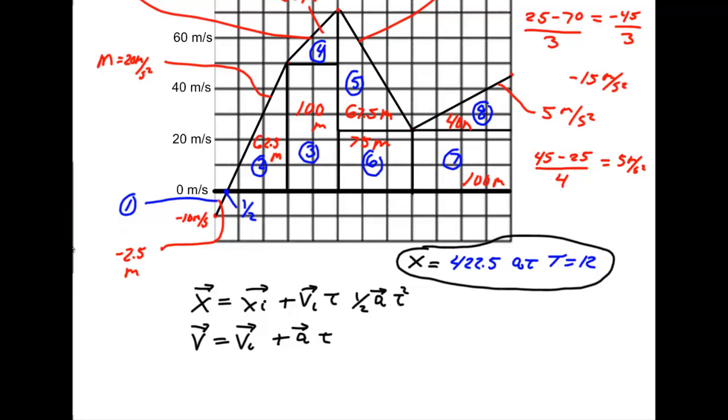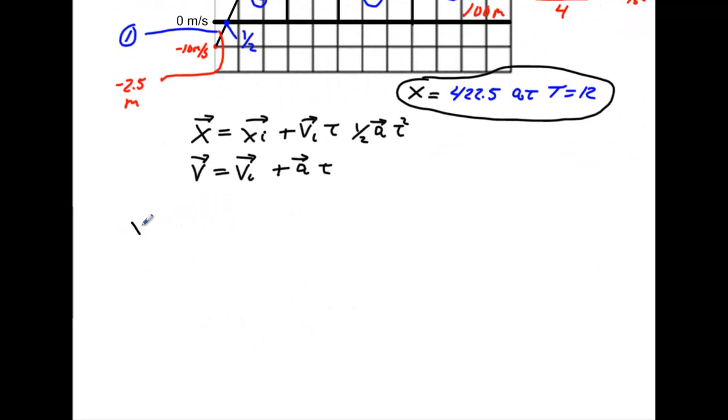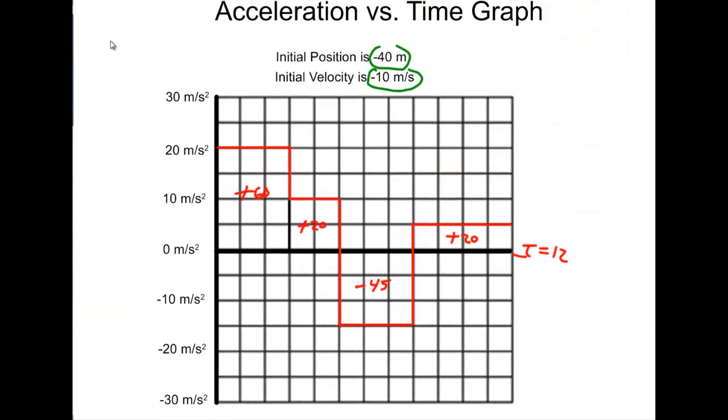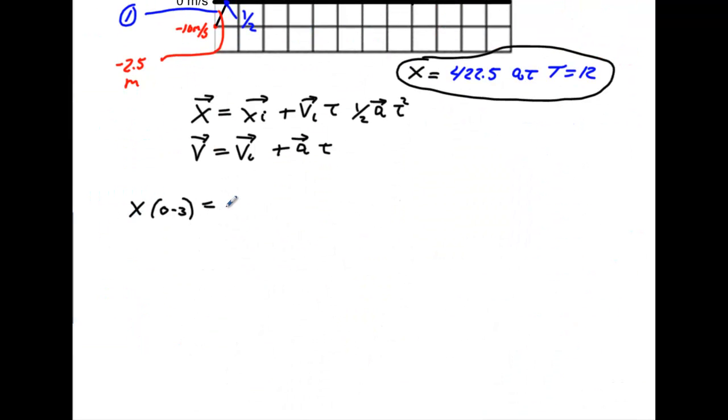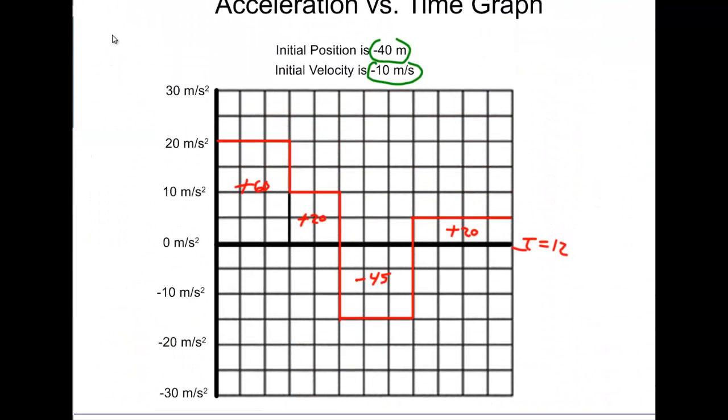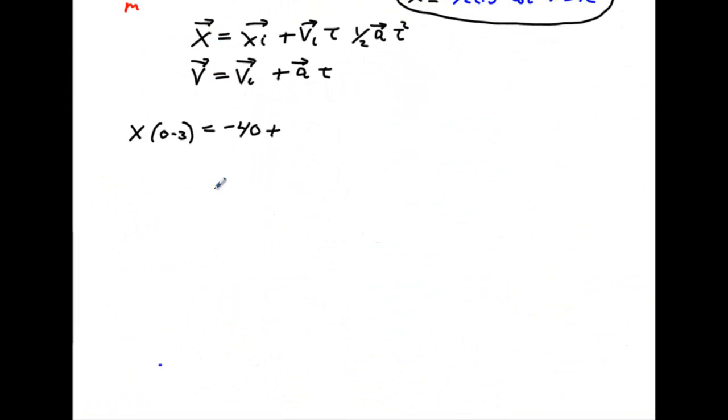So the x position between 0 and 3 is going to equal my initial position, xi, which is given as -40, plus my initial velocity, -10, times my time interval, which is going to be 3.